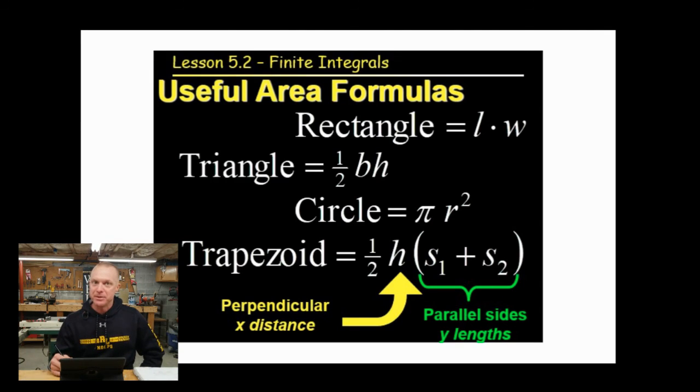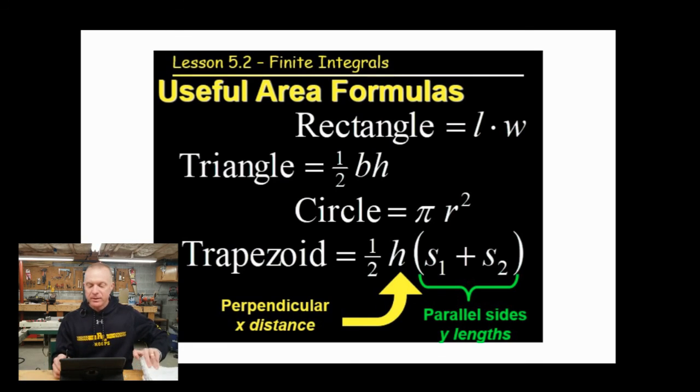It'll also help us, since we won't need to divide this up, we can just straight up plug into this formula for h, which is the perpendicular x distance. Okay, again, it's the height, but it's like the perpendicular x distance, and then the parallel sides are always S1 and S2, and those are the y lengths.